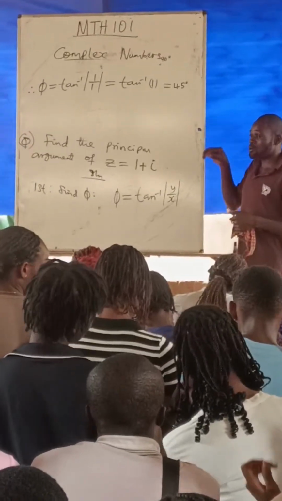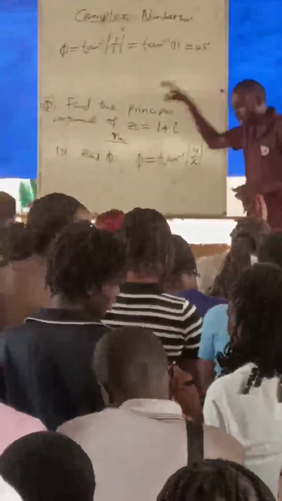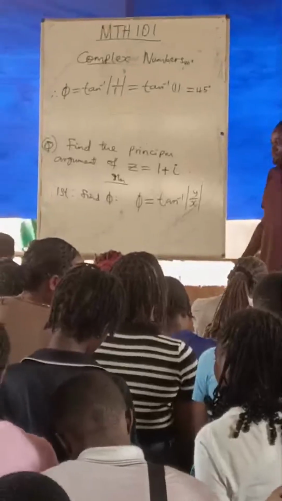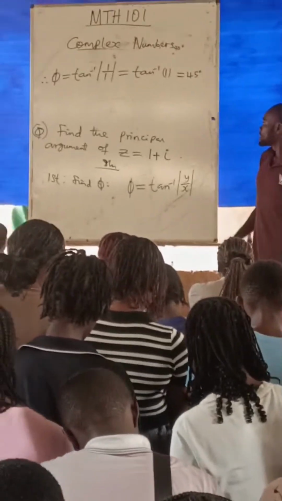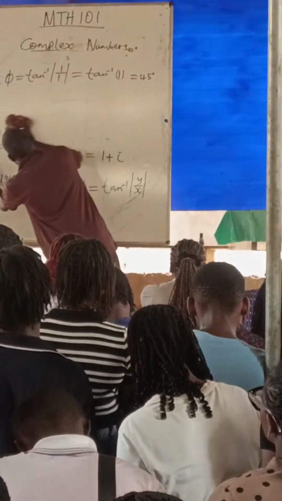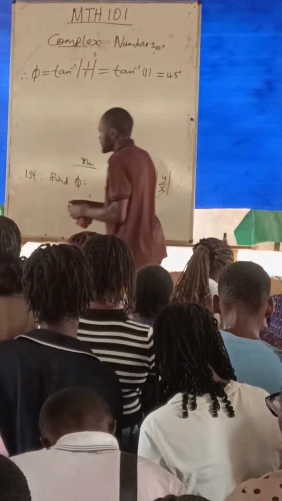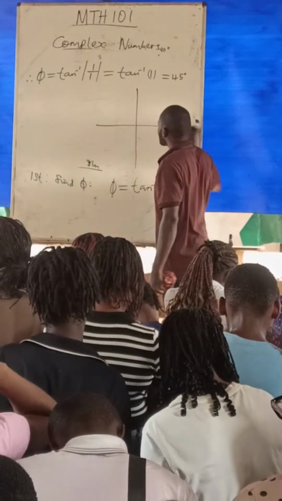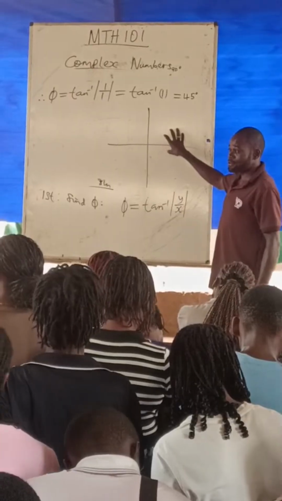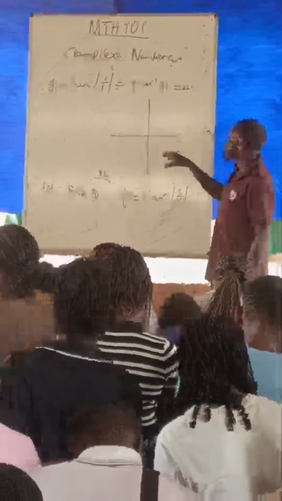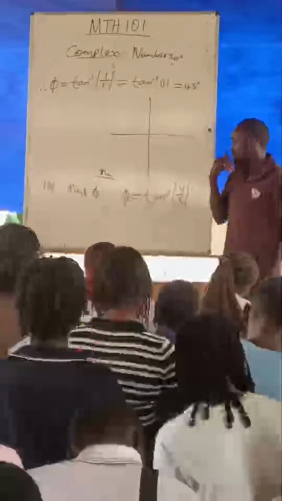This particular angle now, we generally carry to the main one, which is the principal argument. Now, look at the map I gave you. This is the principal argument map I gave you. The map will help you to know where the value will be.